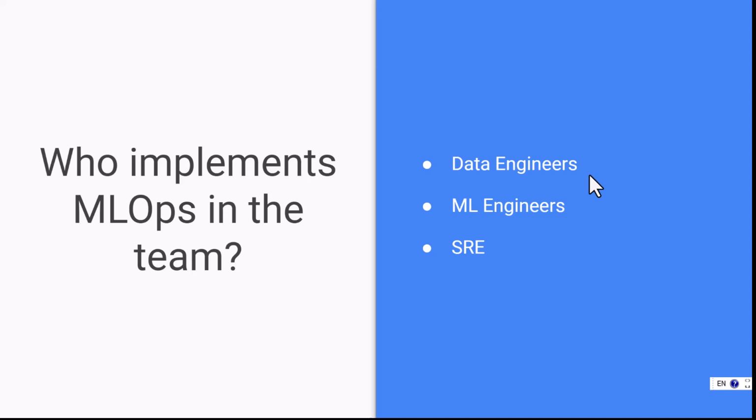When you have a beautiful system set up, it becomes really easy to address and troubleshoot issues, bring in new features, and adapt to the changing business environment. So anyone in the data science project team, data engineers, ML engineers, SRE, data analysts, everyone can contribute to setting up MLOps for your project.